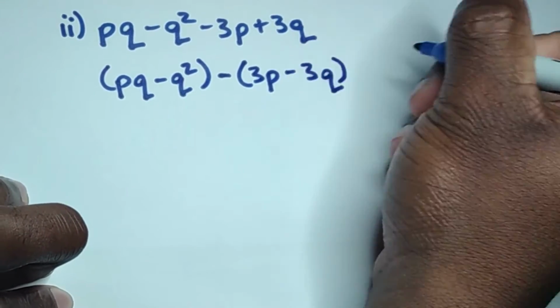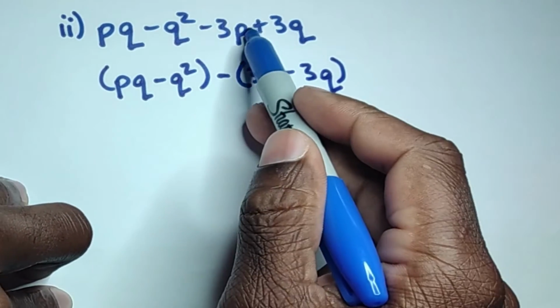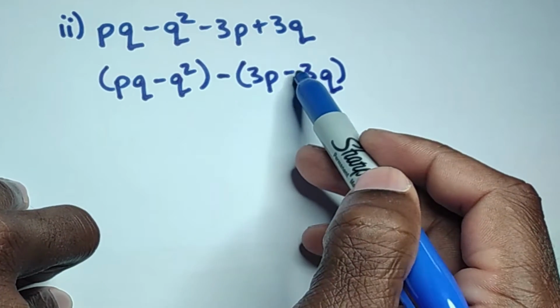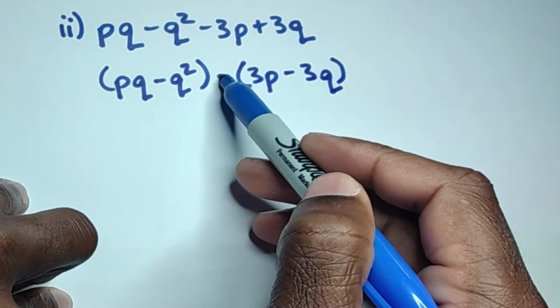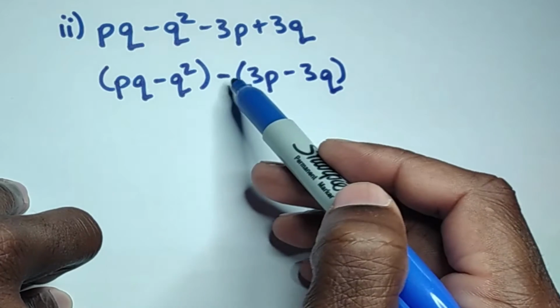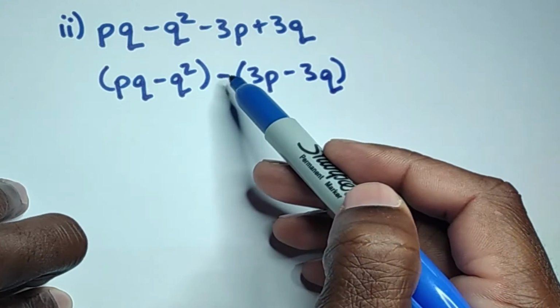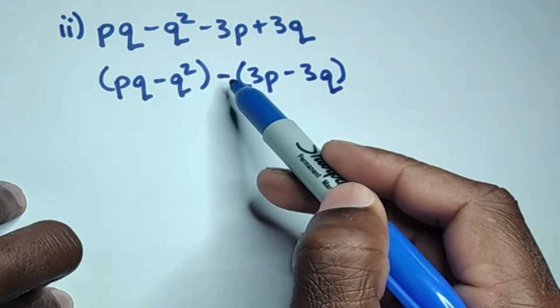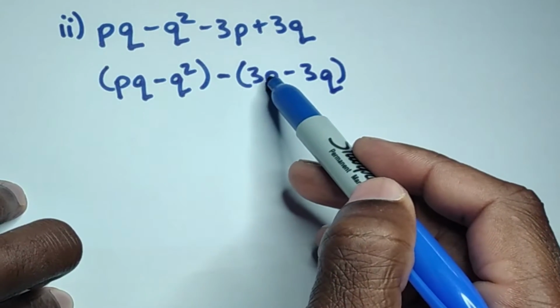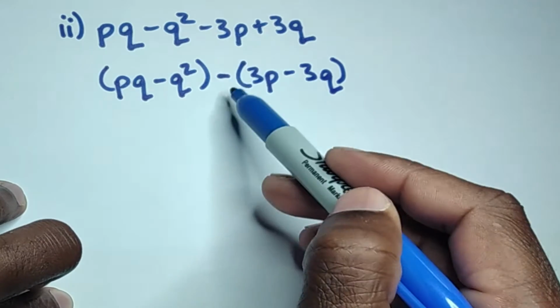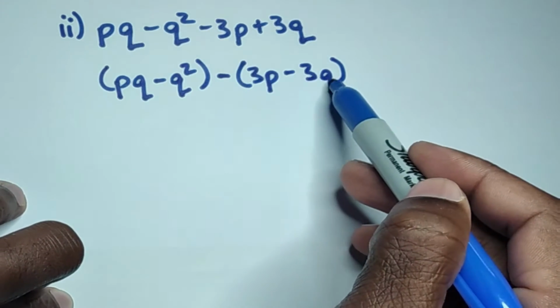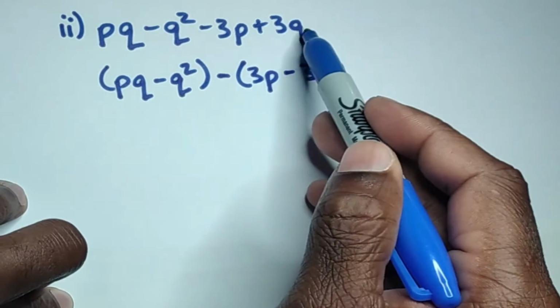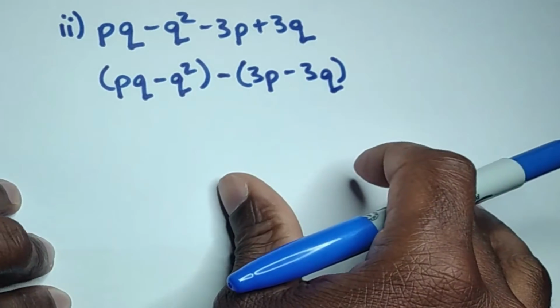And you might be wondering, how come he changed a positive sign to a negative sign here? If I multiply this entire bracket by the negative sign out here, I should obtain the same thing that I had before. So negative times 3p would give me negative 3p. Negative times negative 3q would give me a positive 3q. So that's why I did that.